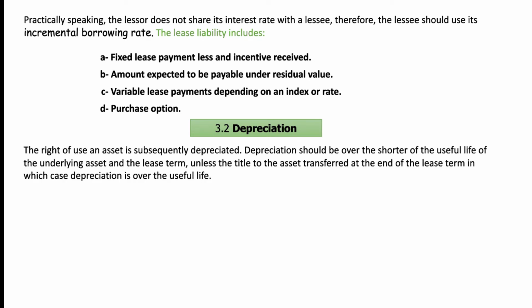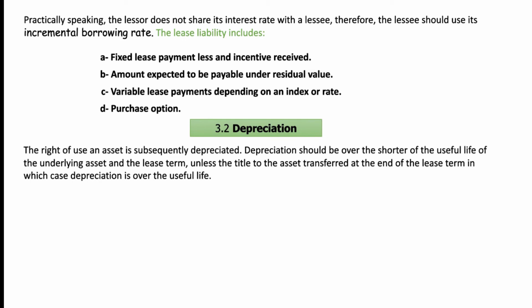The right-of-use asset is subsequently depreciated over the shorter of the useful life of the underlying asset and the lease term, unless the title to the asset is transferred at the end of the lease term, in which case depreciation is over the useful life. What does that mean? The underlying asset should be depreciated either over its useful life or over the lease term.